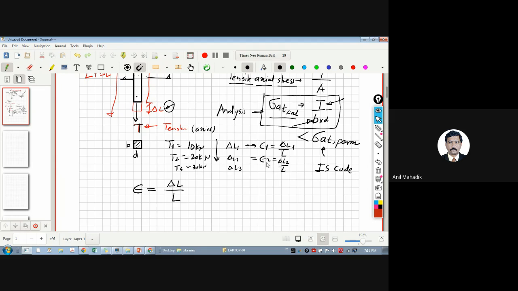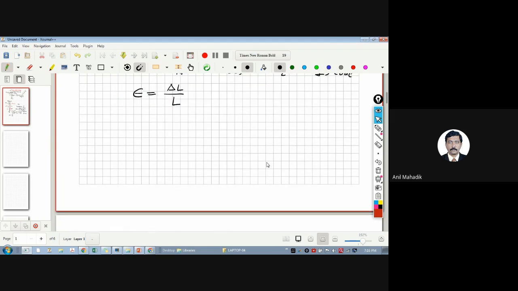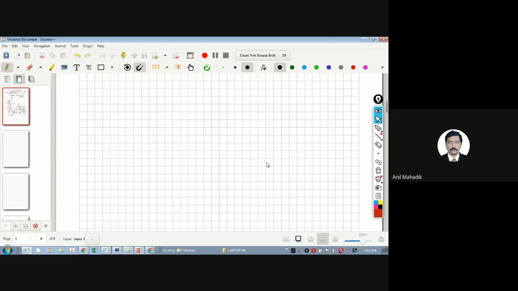Correct. So that means there is a strain developed in the member and there is a stress developed in the member. And as we go on increasing the forces, the stress will go on increasing, and the strain will also increase. So let's plot this on a graph.